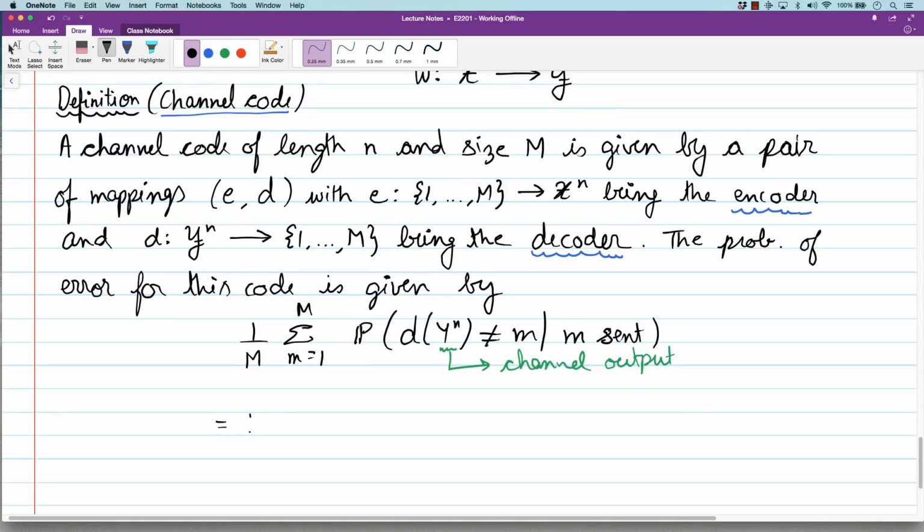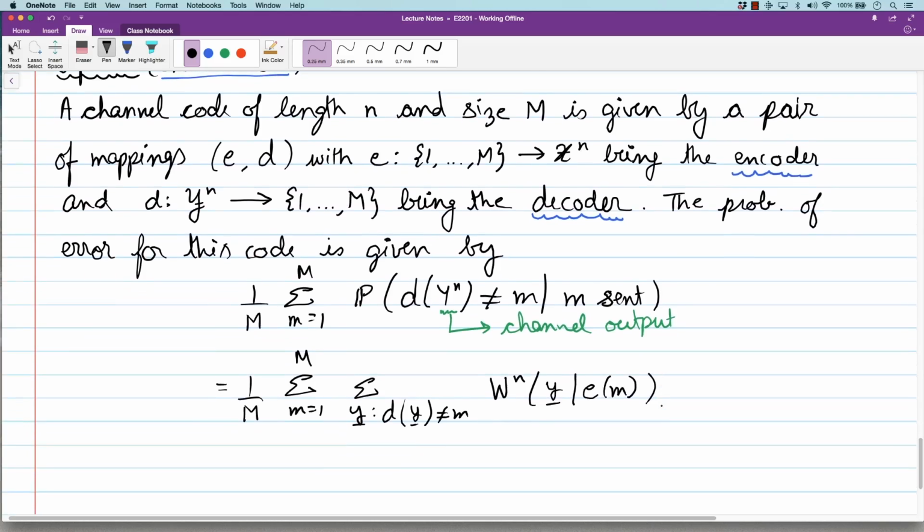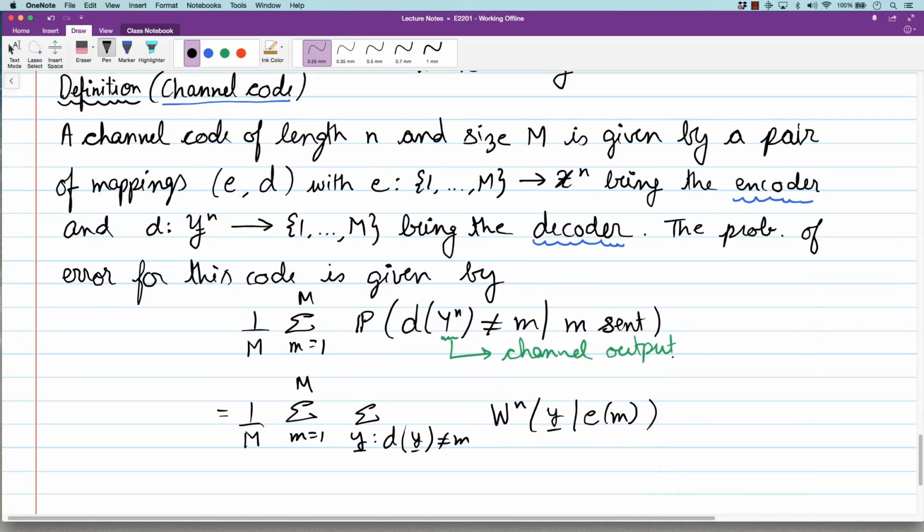This is exactly equal to 1/M summation over m, summation over all the received vectors y such that D(y) is not equal to m, W^n(y given E(m)). That's what the probability of error is.